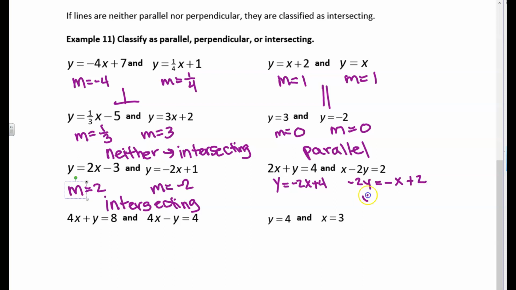I divide both sides by -2. I get y equals 1/2 x minus 1. When I do that, those slopes of -2 and +1/2 are opposite reciprocals, so these are perpendicular. Go ahead now and do the last two on your own.